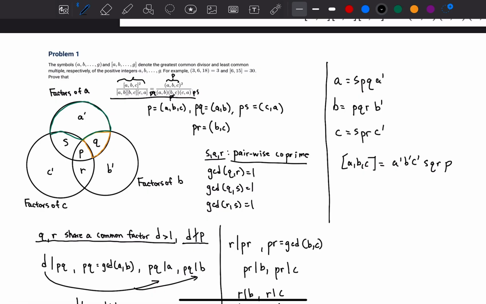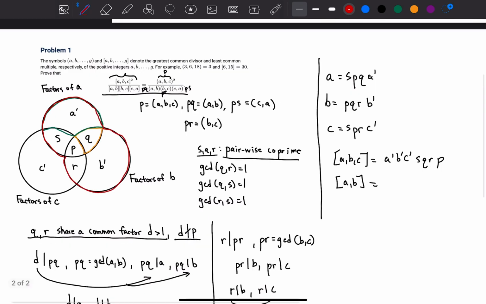Okay, and then the same process we do for A and B. To cover all the areas of A and B, we need this entire section here, which I'm going to highlight. Yeah, we need this entire section.